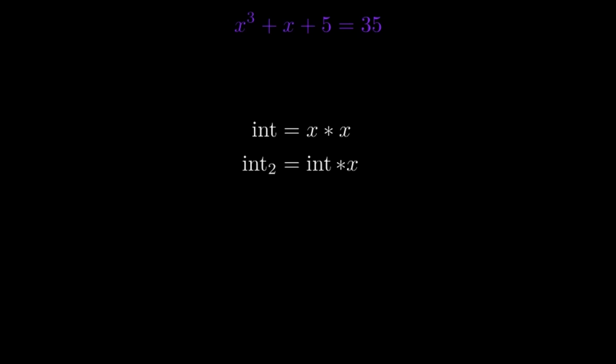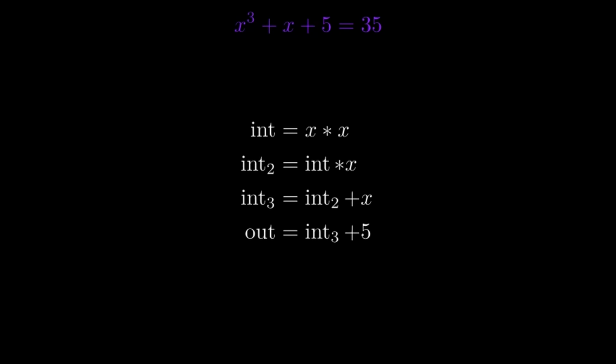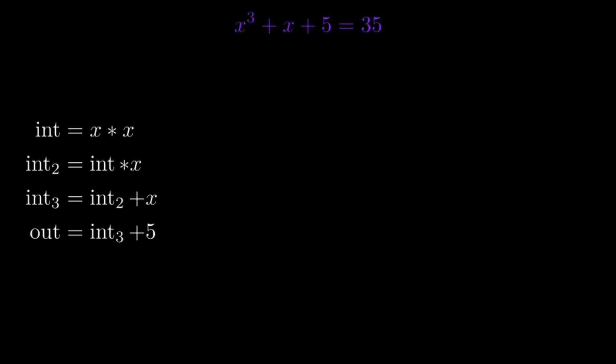The next is intermediate 2, which is x squared multiplied by x. Then we have int 3, where we're going to want to take x cubed and add x to it. Finally, we're going to want to add 5. In general, there are two types of operations we're allowed. The first is y equals x, so some parameter just equals the value of another parameter.